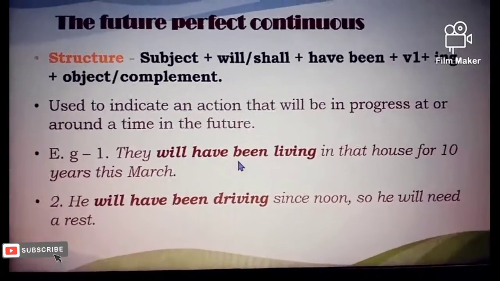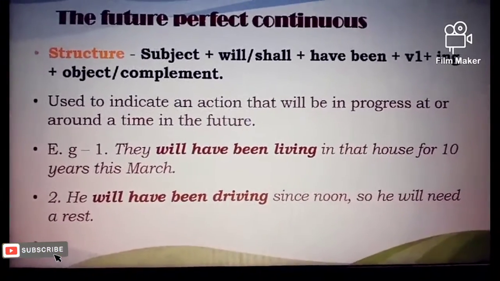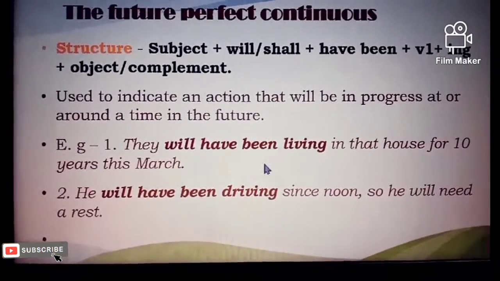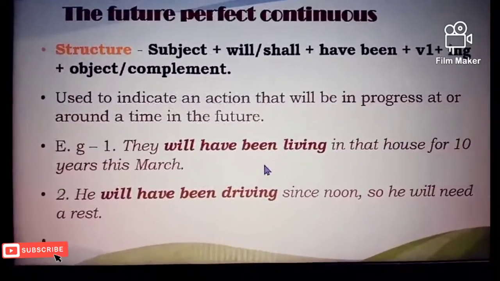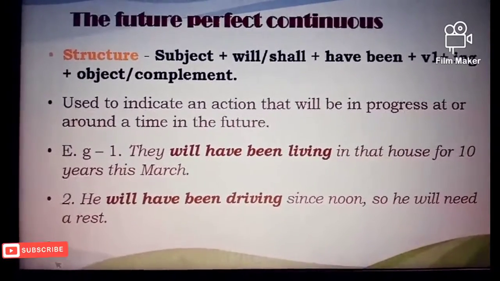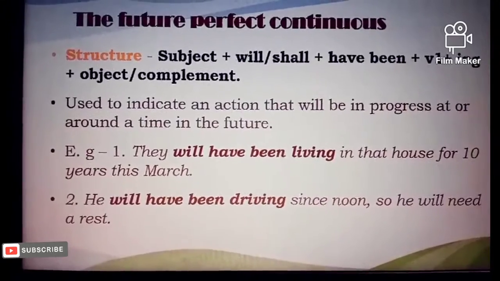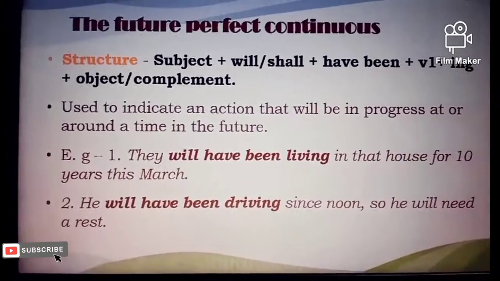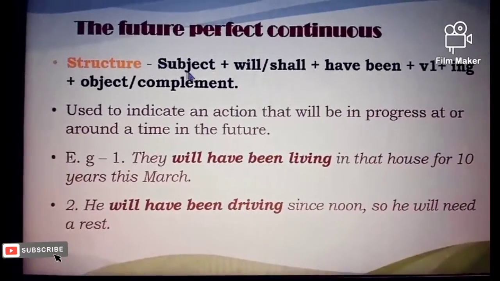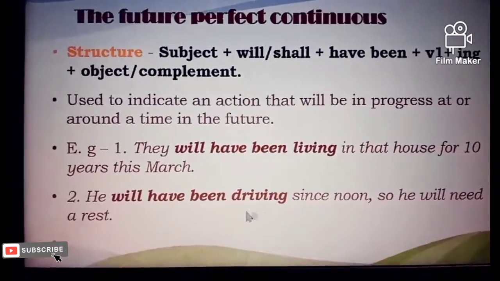The action will be continuing in the future too. There is no doubt at all. They will be living in that house continuously, but as a matter of fact, this March they will have completed 10 years in that house. But the action of living will continue in the future too. This is what the future perfect continuous tense means.